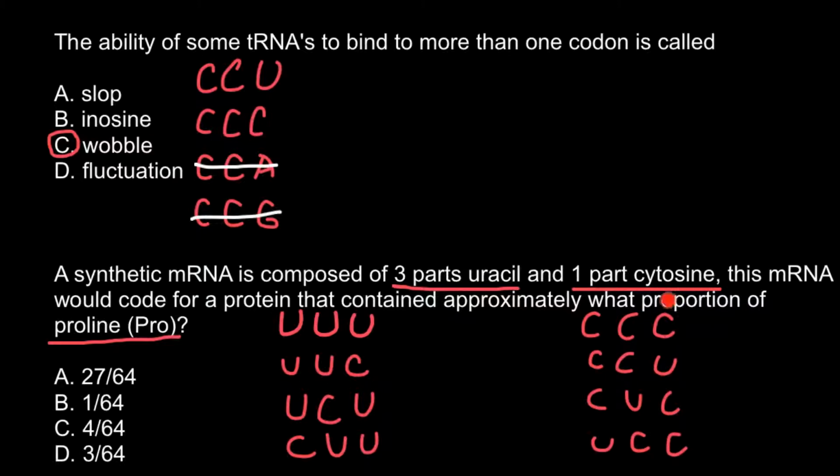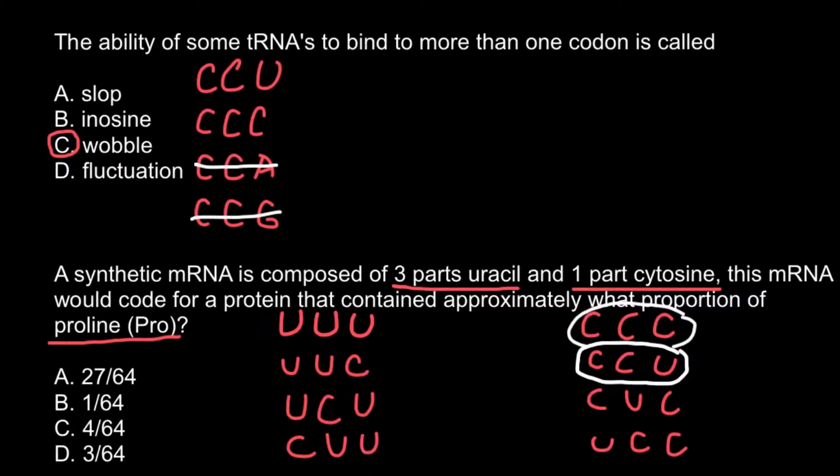As you can see, with two types of bases, we can make 8 different combinations of trinucleotides. But not all these combinations would code for proline. Only these two combinations: CCU, which is the first combination, and CCC, which is the second.